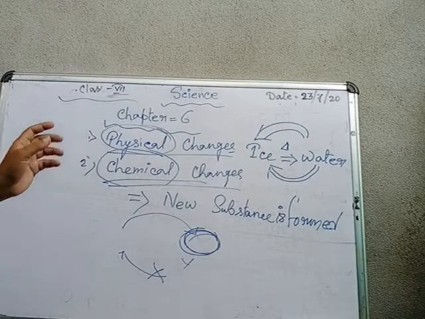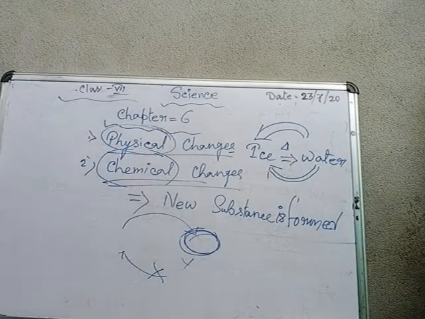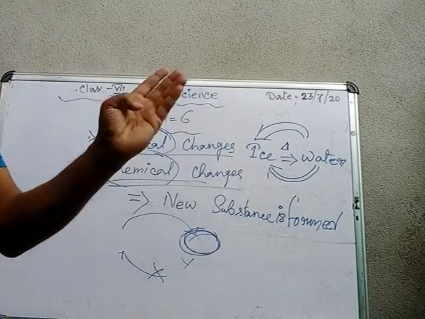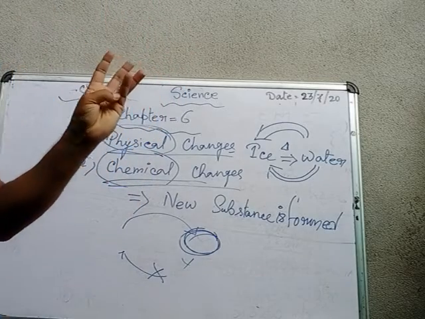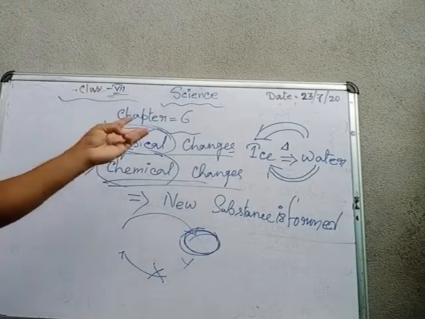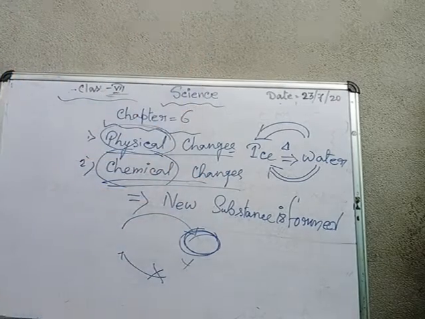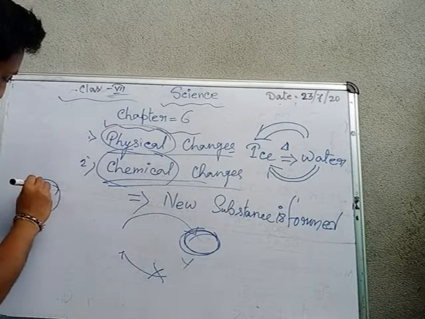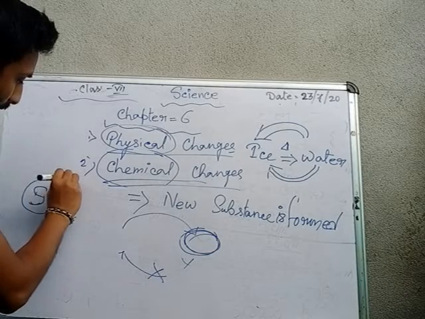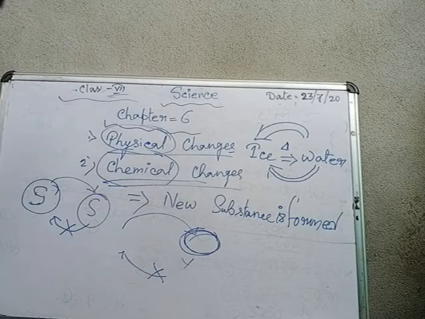Then I will tell you many more things about physical changes. Such as, the substance changes in its shape, color, volume and density, etc. But through chemical changes, the substance is formed into a new substance. That means one substance changes into another substance, but we cannot get it back again.